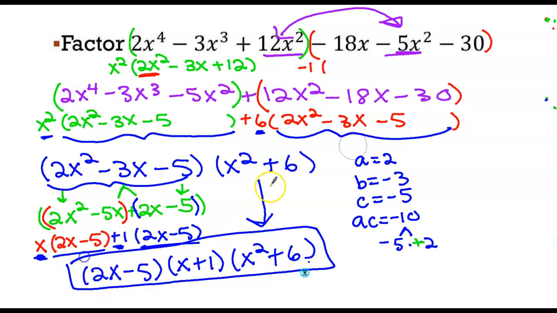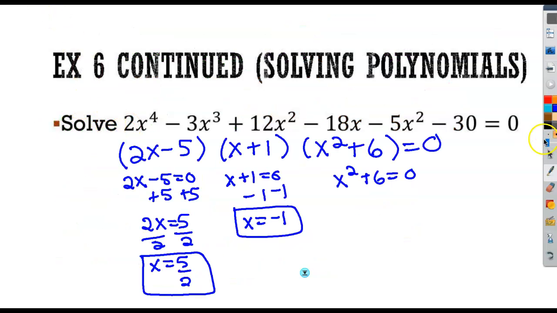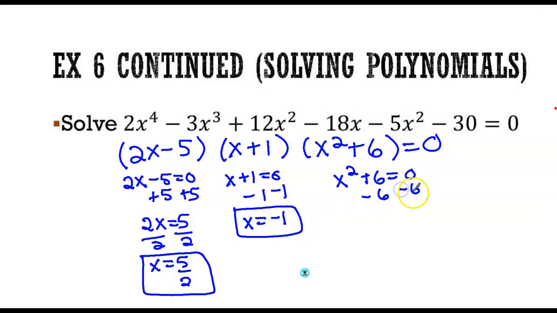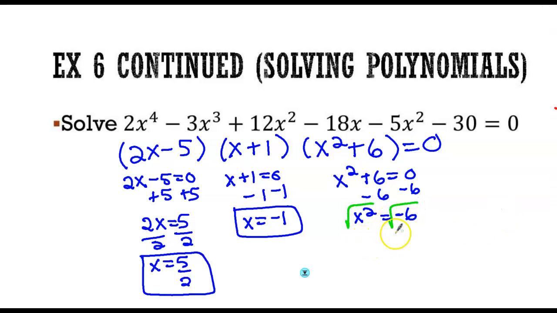On the next slide, we're going to solve. I've already set these first two factors equal to 0 and solved. I just wanted to show you this last one to remind you of something. If I am working this one, I have something squared set equal to a negative number.